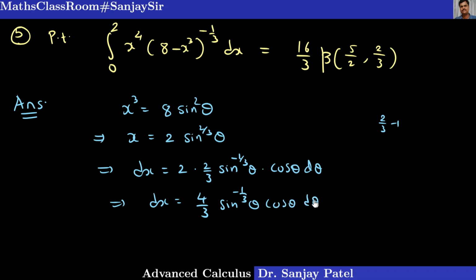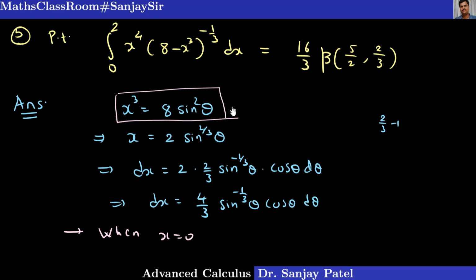Okay. Further, if you now substitute all the values, but before that I should also take care of the limits of integration. So when x is equal to 0, I can put x equal to 0 in this substitution. We get 8 sine square theta is equal to 0, that is sine theta is equal to 0.